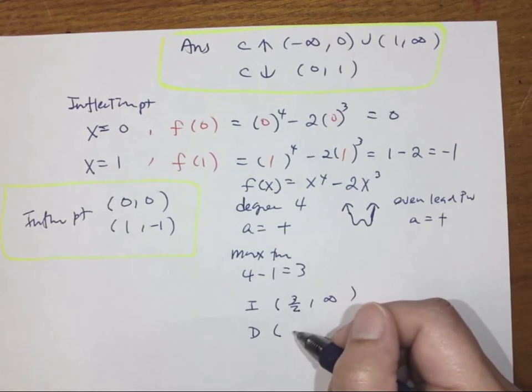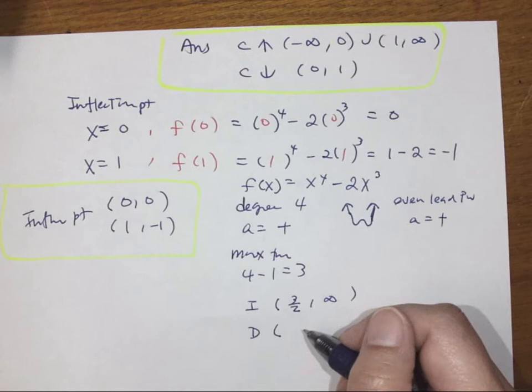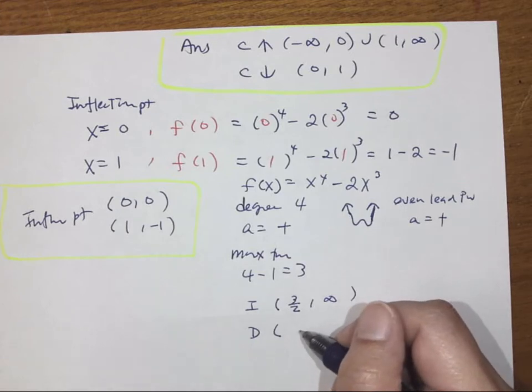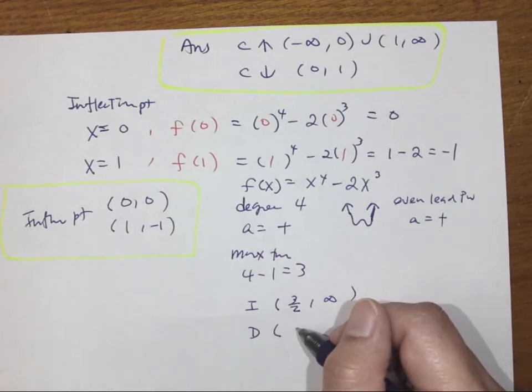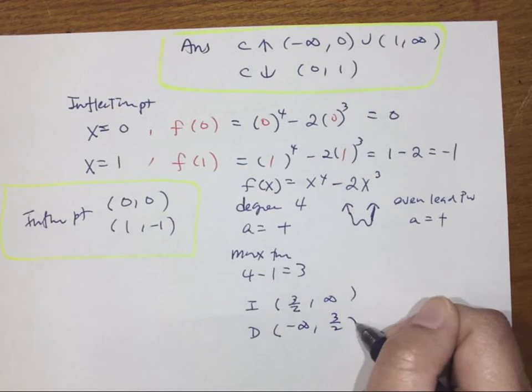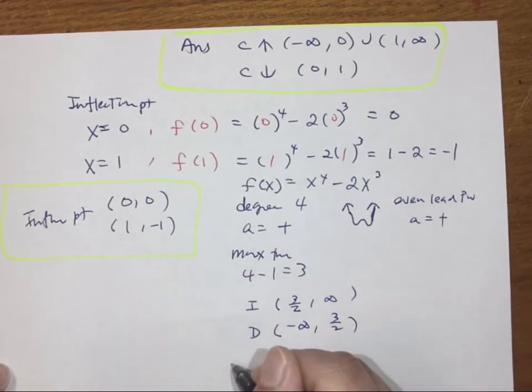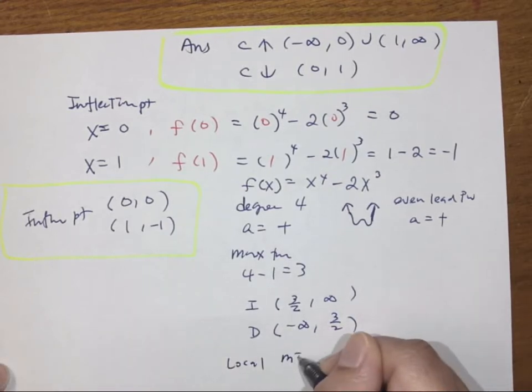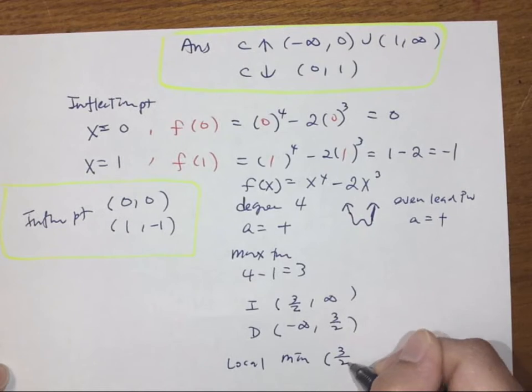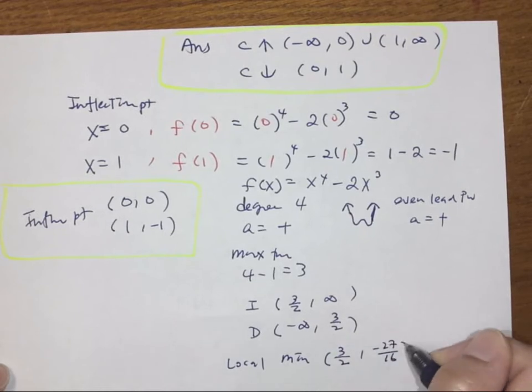So for the decreasing part, did I write down earlier? Yeah, so the decreasing is negative infinity to 3/2, and then the local minimum is 3/2 comma negative 27/16.